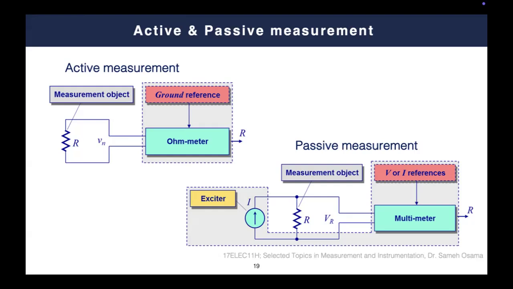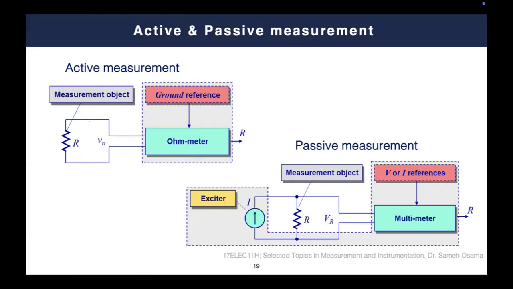So if we consider it this way, then what we call an ohm meter, a black box, includes in between a battery that generates a voltage with a certain value and then measures the current, and knowing the voltage value and the current value, it divides the voltage over the current.